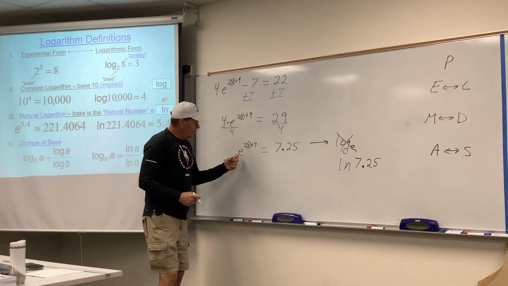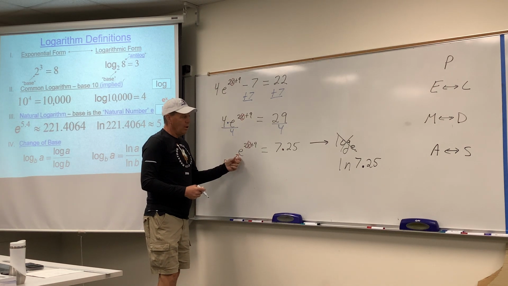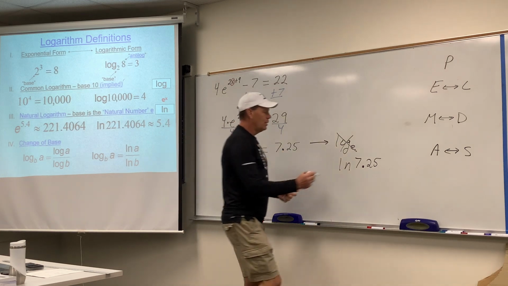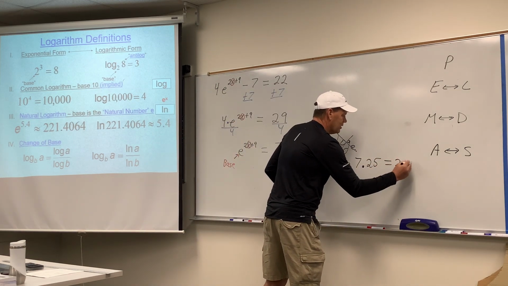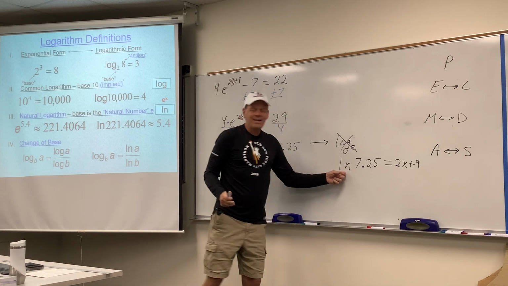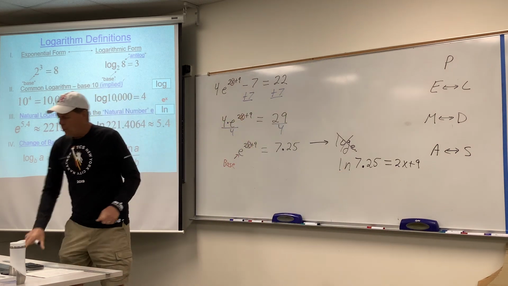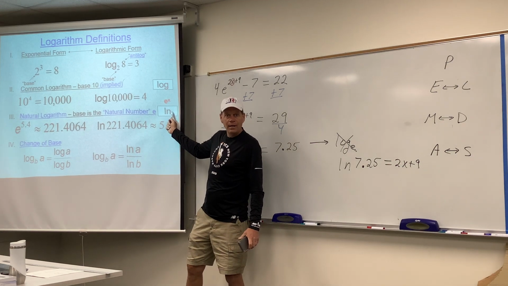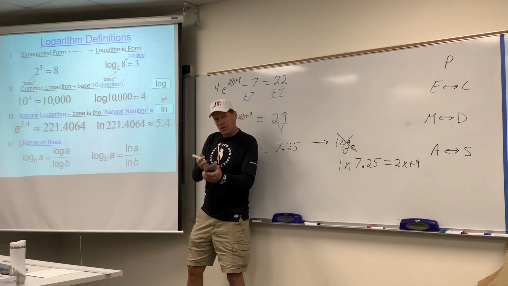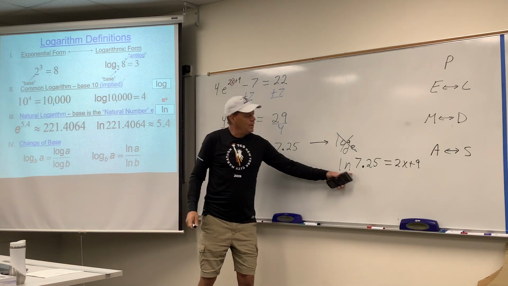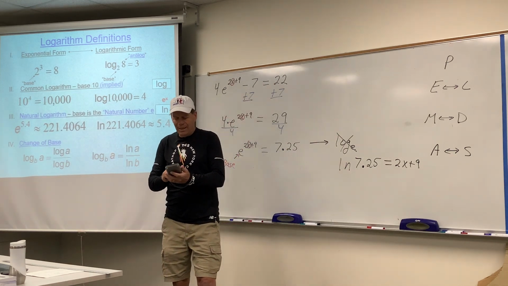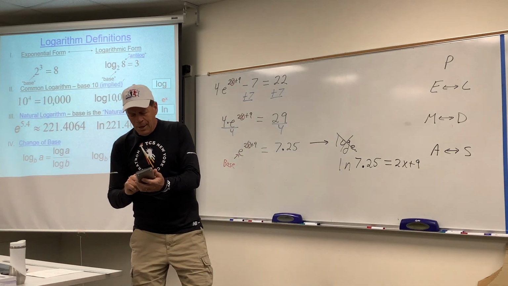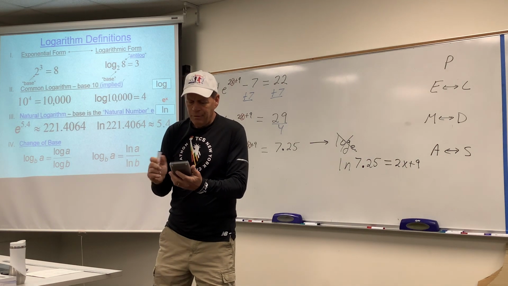But this would be log base e, otherwise known as natural log, of 7 1/4 equals 2x plus 9. And then the nice thing about the natural log of 7 1/4 is that there's a calculator function for that. That's one of those special ones that gets its own button. So we can just put in the natural log of 7 1/4. I'm hitting that button that says ln, and then putting in 7.25.